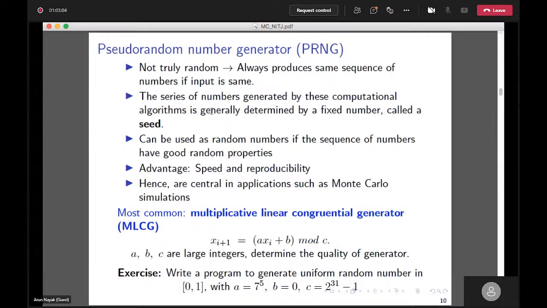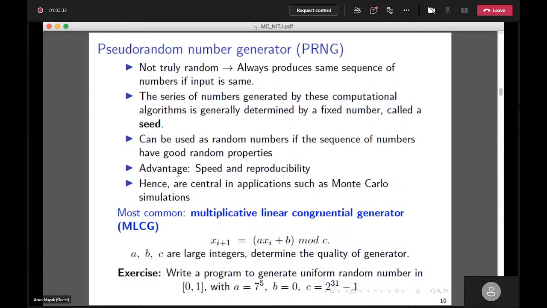The series of numbers generated by these computational algorithms is determined by a fixed number, the seed. You can use such a sequence of numbers as random numbers if it satisfies some properties of random numbers, like these correlations and so on.